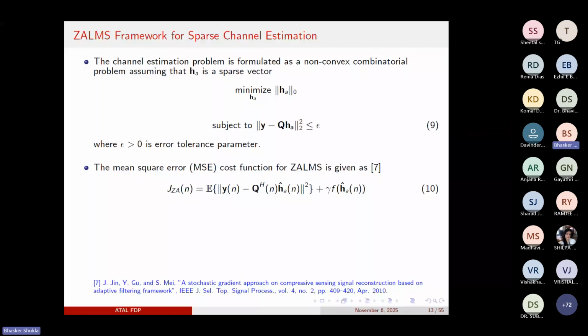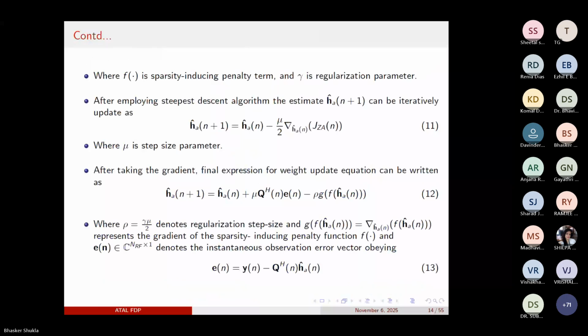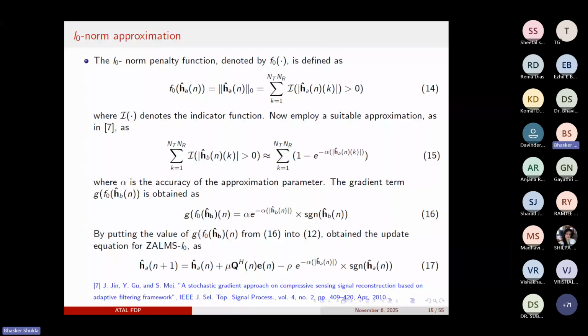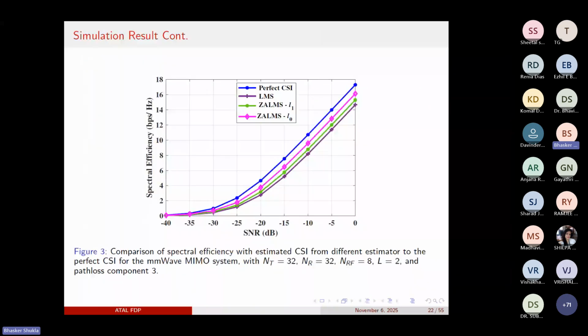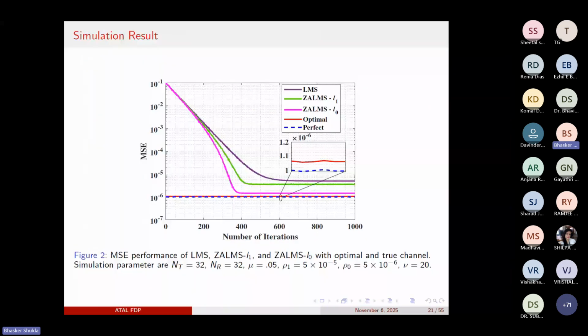But L0 norm provides the sparsest solution, so it gives a lower NMSE as compared to the L1 norm and LMS. So that is the reason why ZLMS L0 gives the lower NMSE, lower mean square error, as compared to the other algorithms.